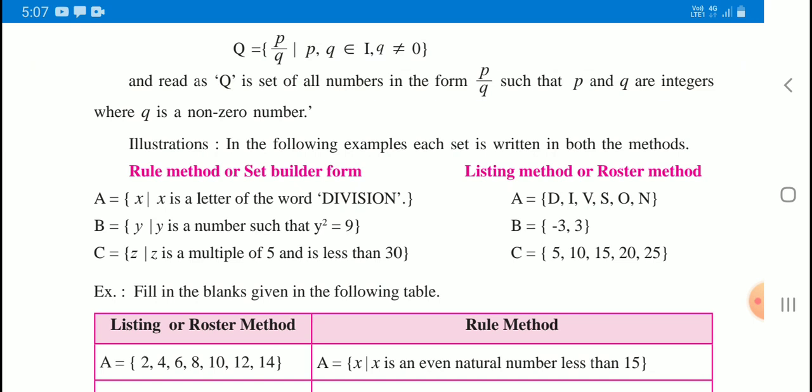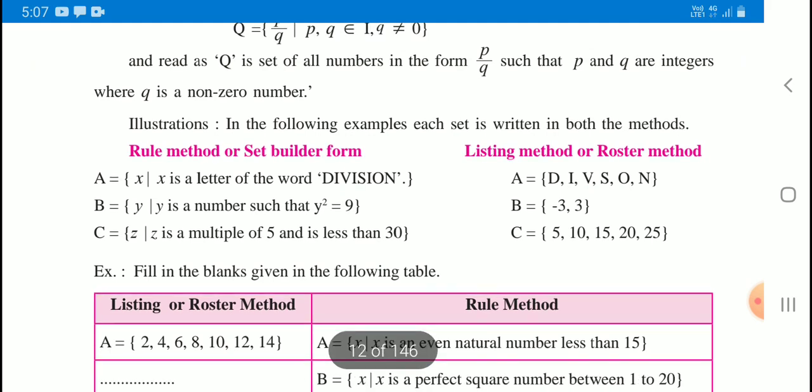The second is set B such that y is a number such that y square is equal to 9. In the listing method, we can write this set as B is equal to, in curly brackets, negative 3, positive 3, curly bracket completed.